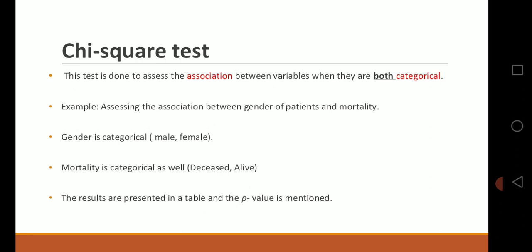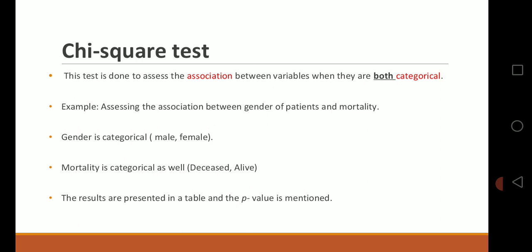Okay, the first type we said is called the chi-square test. This test is done to assess association between variables when they are both categorical variables. When the two variables are categorical variables. Categorical variables mean that they are not numbers. تمام؟ They are not numbers.